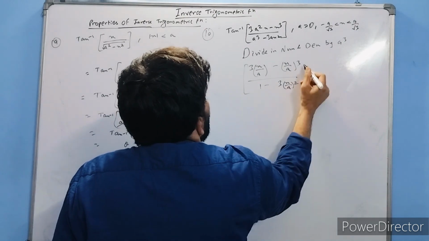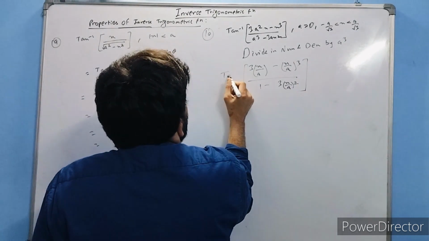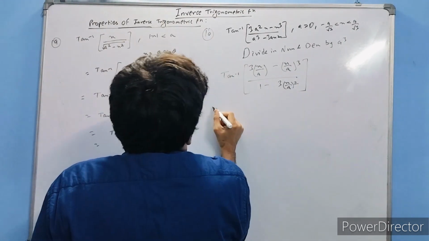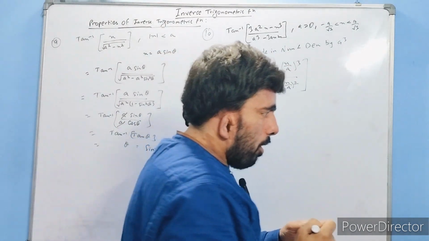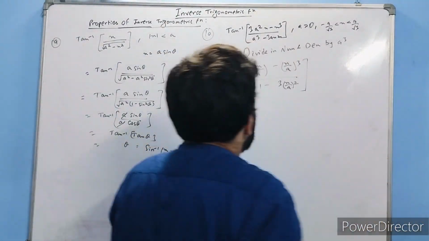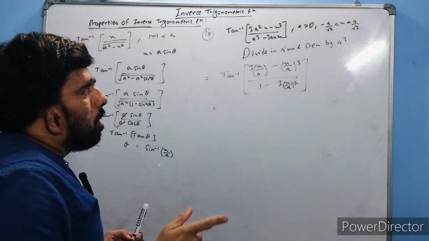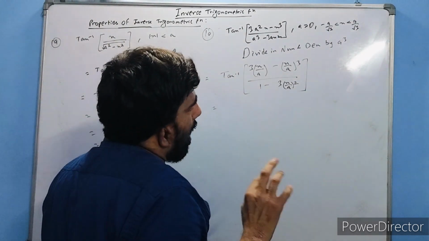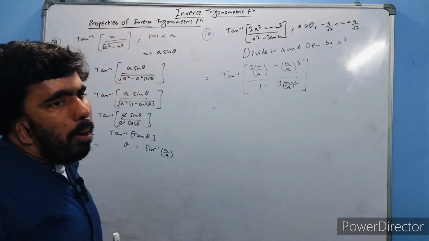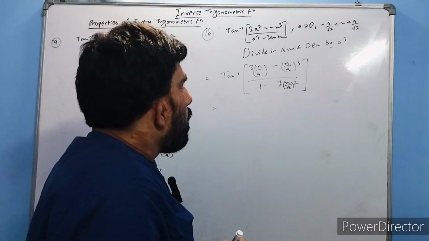So we know that is the formula of that, that is, the formula is tan 3θ equals 3x minus x cube upon 1 minus 3x square.